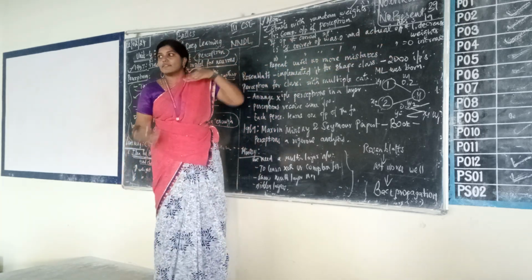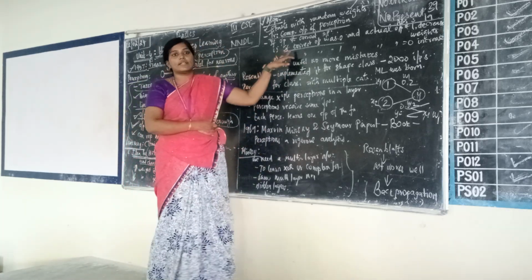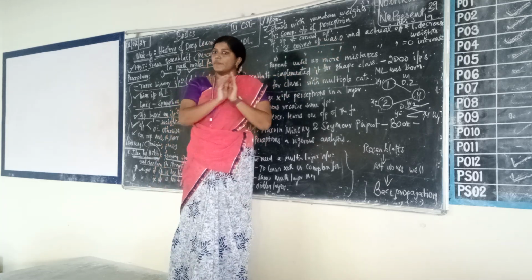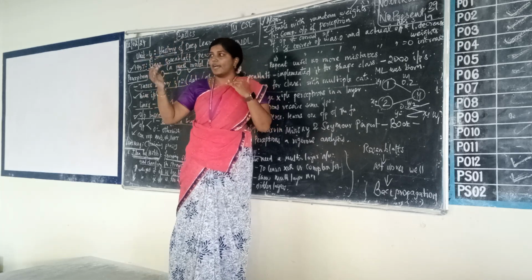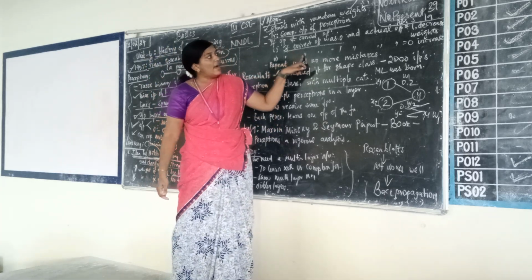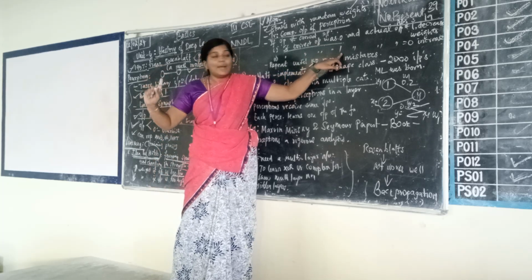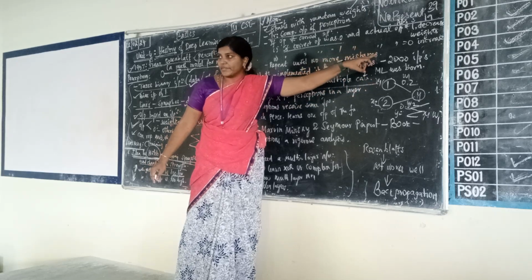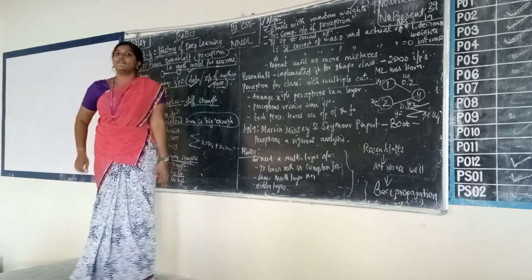On the other case, vice versa. Suppose the target is high. 1 means not exactly 1, 0 means not exactly 0. Take it as low and high. So if the target output was 1, high, but the actual output you are getting through computation is very low, then we have to increase the weights.